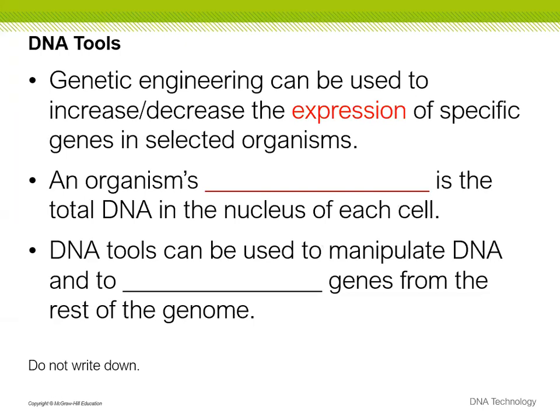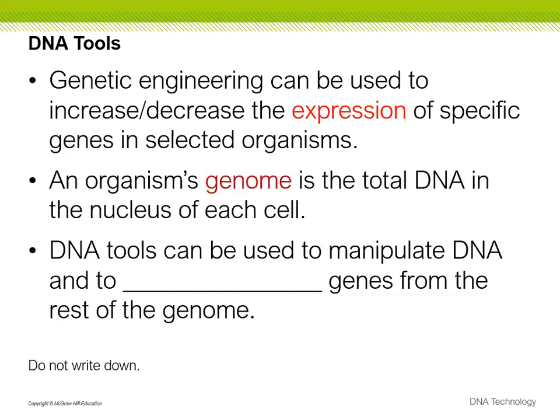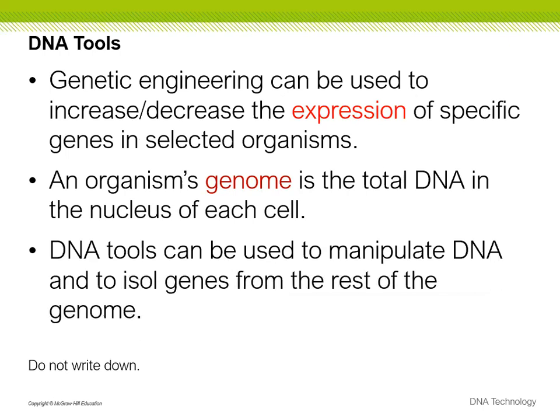So how do we do this? The big thing we do is we look at their genome. A genome is all of their DNA. We take it out, we lay it out like a book that we can read. It's where literally I've decoded the entire genome. So once I have my genome, I am going to manipulate it, and I'm going to isolate genes from the rest of it.